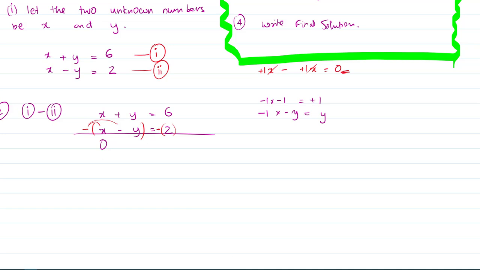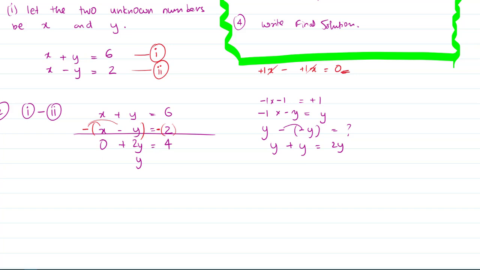So you have y, take away y, and this becomes y plus y, which will give you 2y. Then 6 take away 2 is 4.